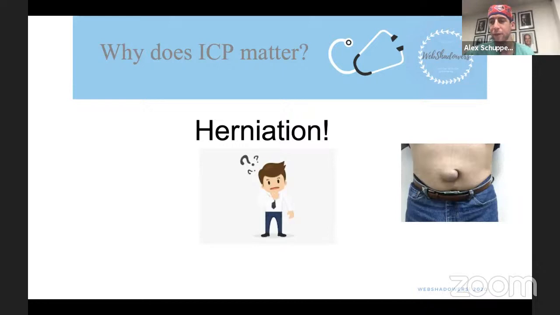It's the first half of that word. So what do you guys think? Why is herniation bad? I'll give you a hint. It's the same mechanism as this.